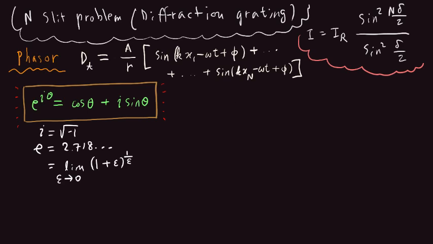And then after your calculation is done, you can take its imaginary part to get the answer if you started with sine, or take the real part if you started from cosine. Here we have a bunch of sines, so we can understand these things as the imaginary part of exponential i of phases.